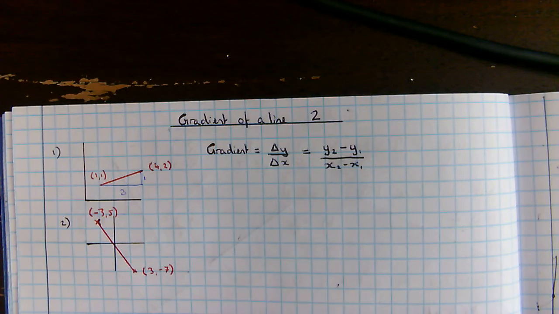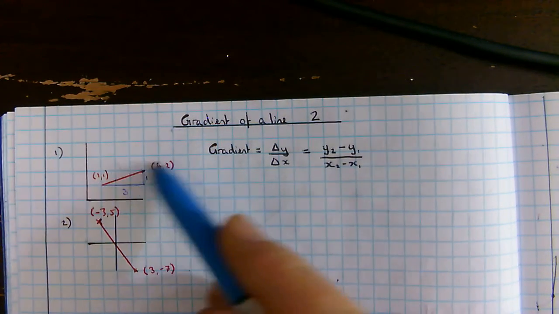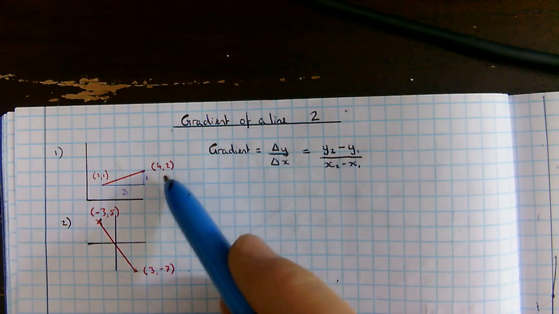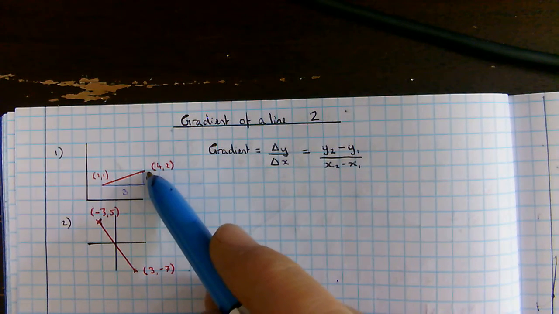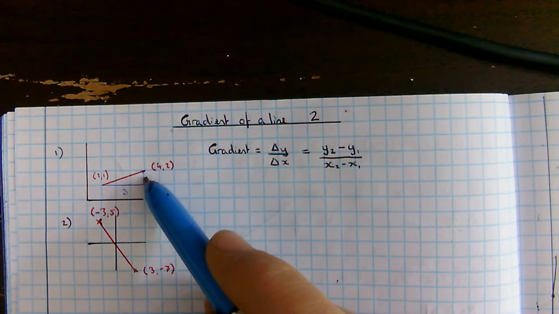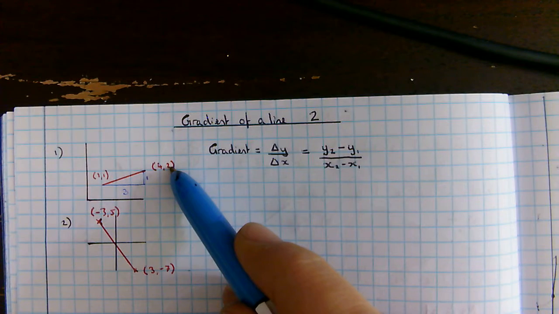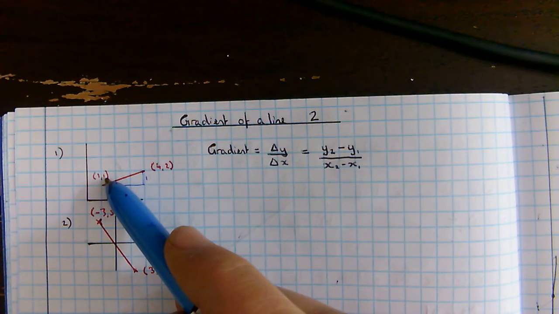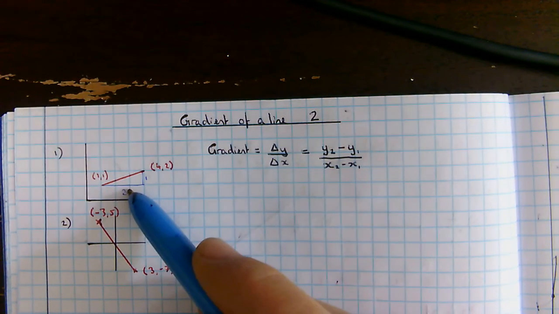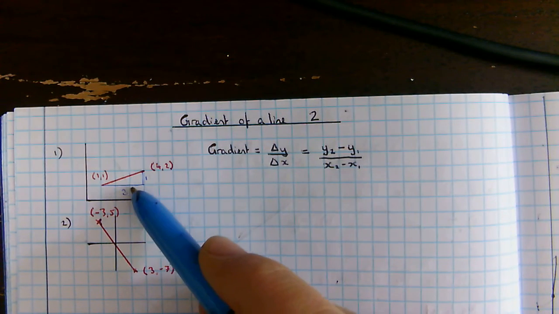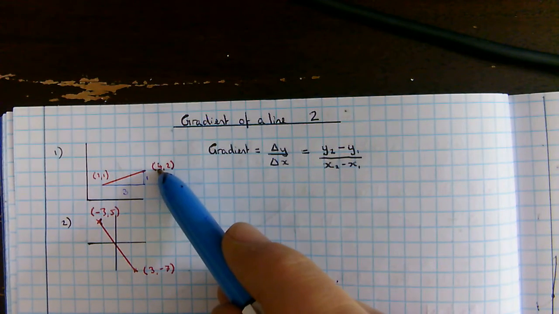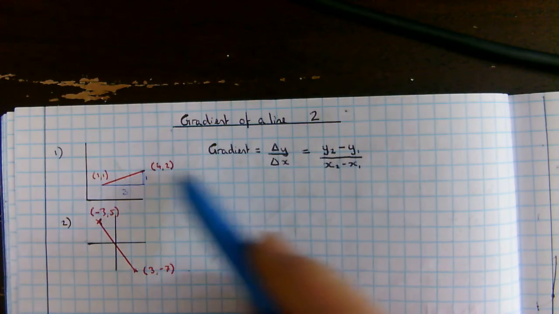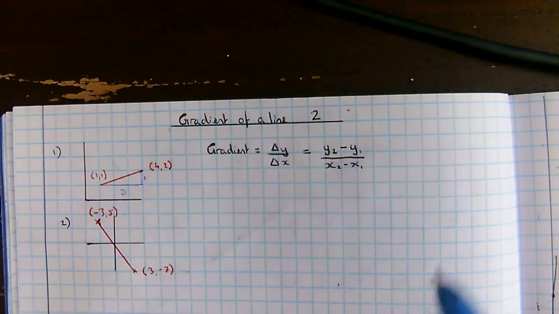Now, if I hadn't been given a picture and just had to do it with my coordinates, how could I have done it? Well, I could have worked out this 1, because it's my 2 here, take away 1 there. I could have worked out this 3 here, because it's the change in x, it's the 4, take away the 1. And this is what this formula is telling us to do.